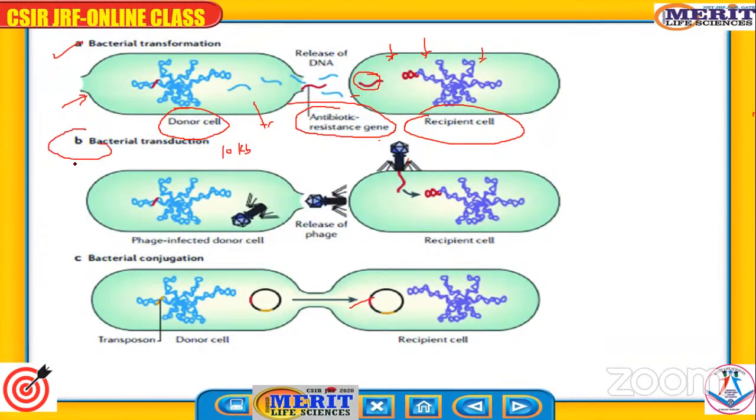Another mechanism is bacterial transduction. In bacterial transduction, there is phage-mediated genetic transfer. So with bacteriophage, especially lambda phage, lambda phage is responsible for accidentally transferring bacterial genes from one cell to another.